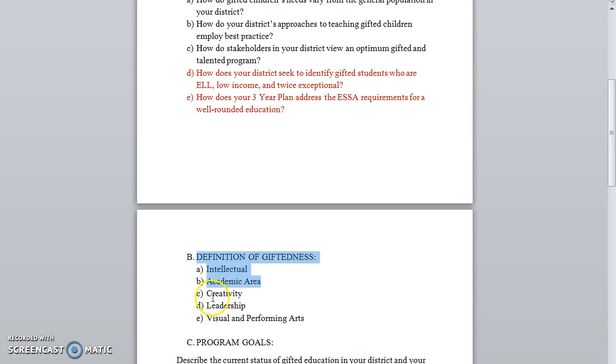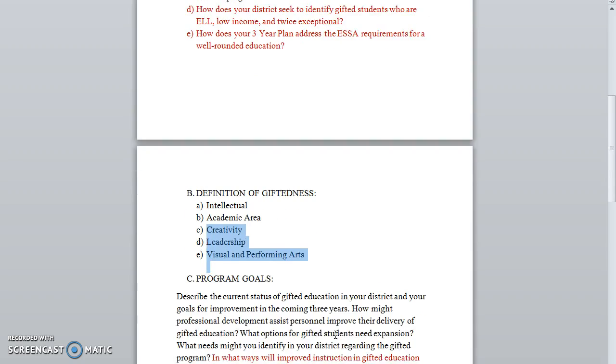But when you get down to these last 3, creativity, leadership, and the performing arts, those are a little bit more difficult for some districts to identify and to serve, so more often than not they're ignored. But this year, with extra money being given toward identification, I'm hoping that these 3 areas are going to come into their own as far as being identified.